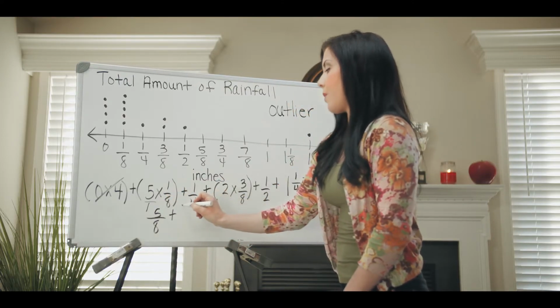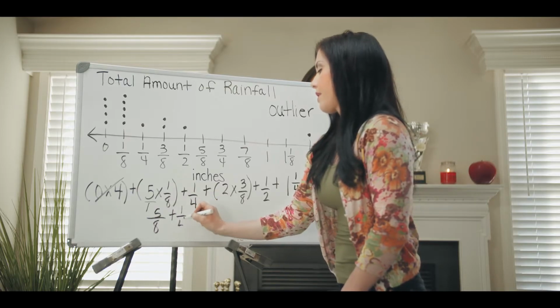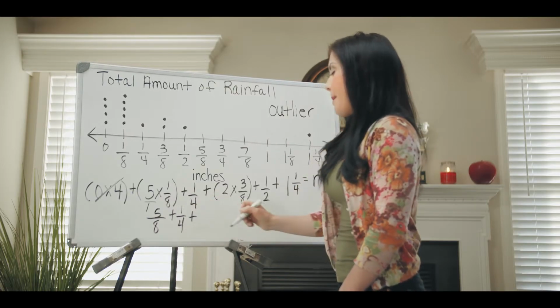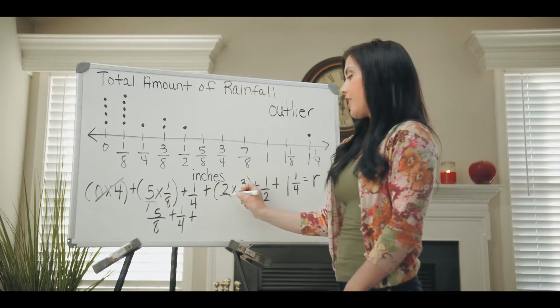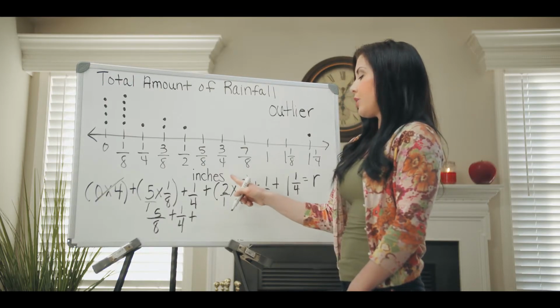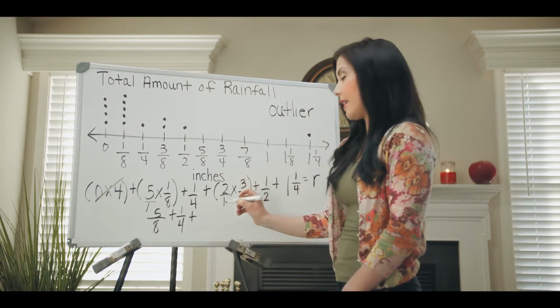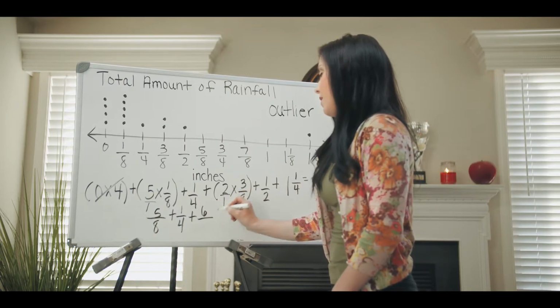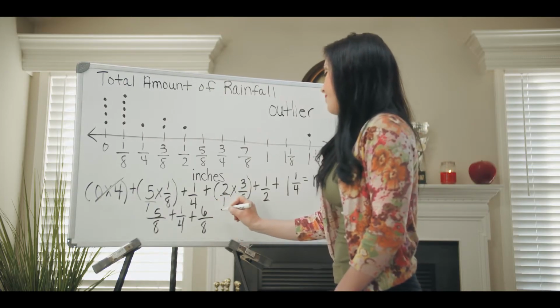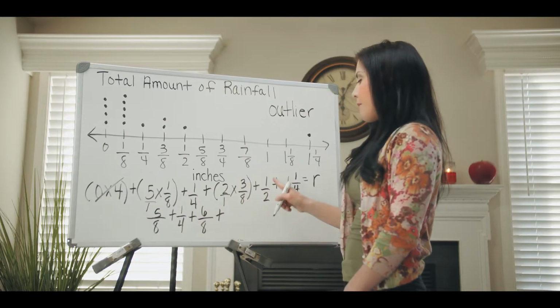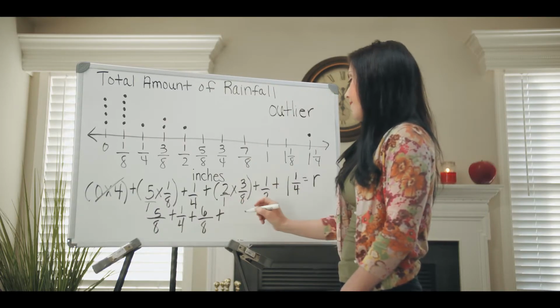Plus my 1/4. Plus, multiply straight across, whole number over 1. 2 times 3 is 6. Very good. 1 times 8 is 8. Plus my 1/2.